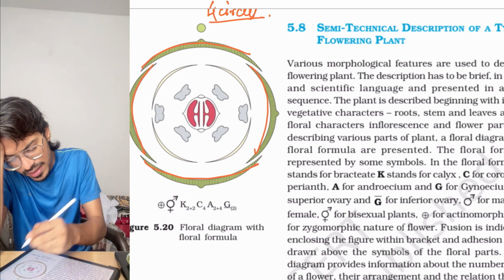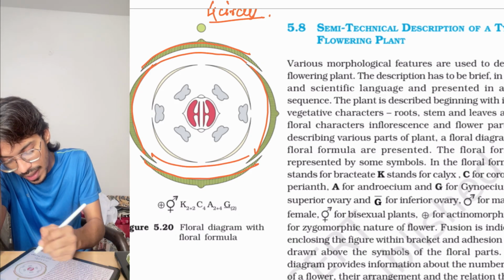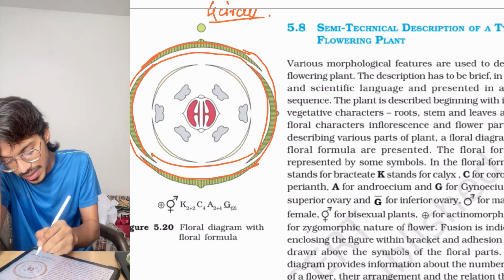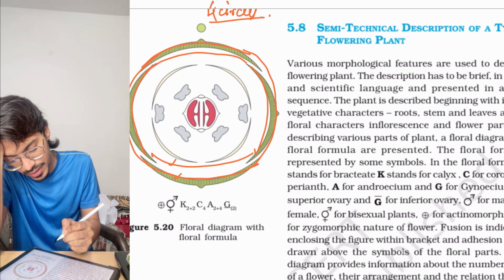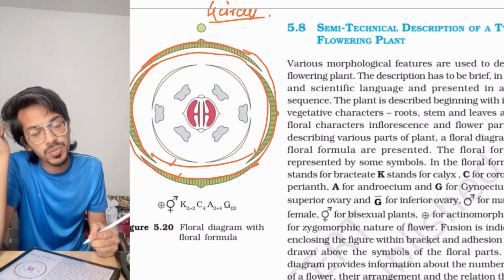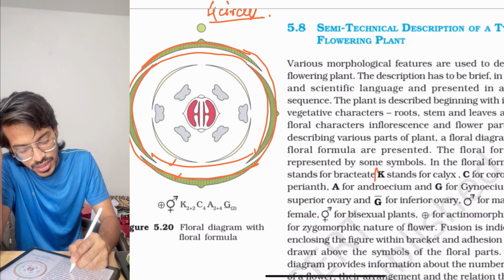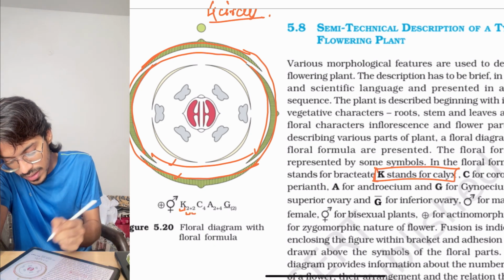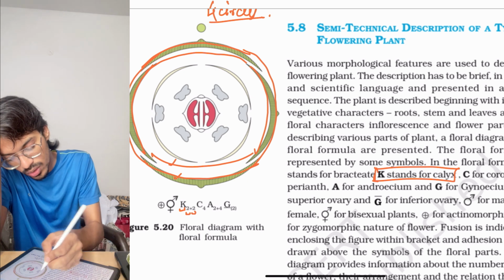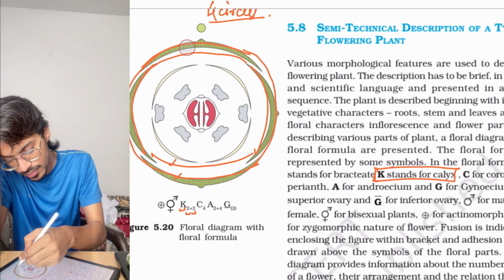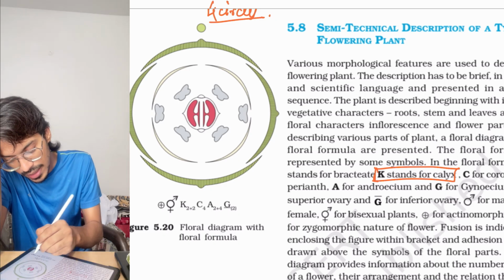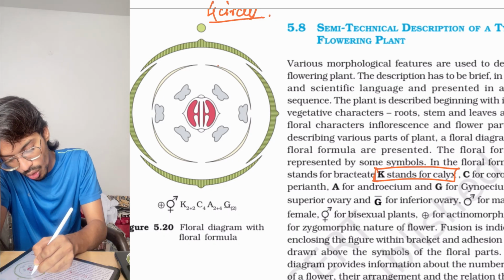So two circles are present, which means we will write this differently, but they belong to the outermost part, that is the calyx. For calyx, we use the letter K. So K is 2 plus 2: 2 outside, 2 inside. Now the next thing is that if you see inside, this area is the corolla.